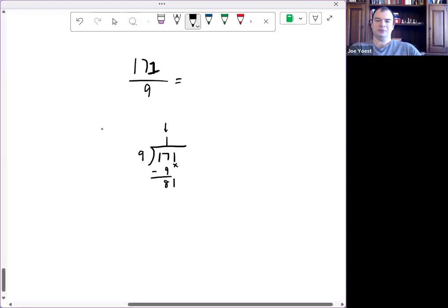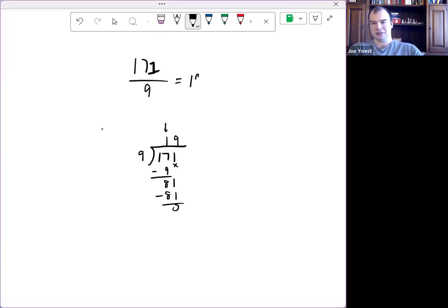This gives me 81. Does 9 go into 81? Yeah, it goes in 9 times. 9 times 9 is 81. And we get a remainder of 0. So 171 over 9 is 19. My remainder was 0, so it's just 19 even. 171 over 9 turns out to be exactly 19.